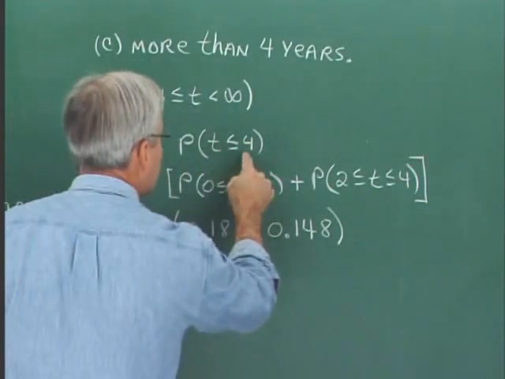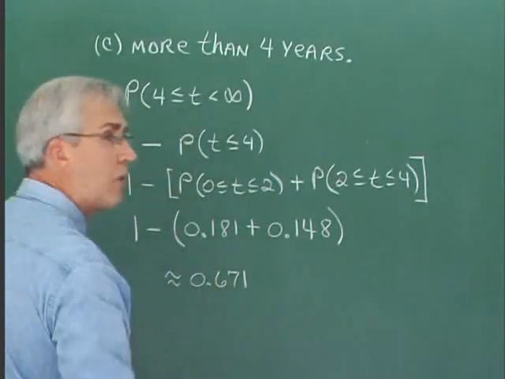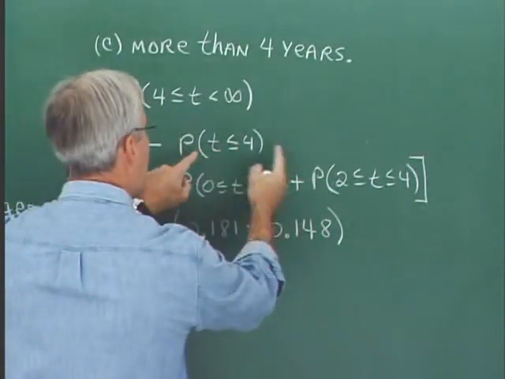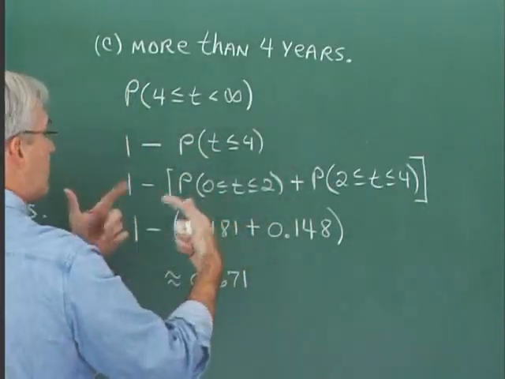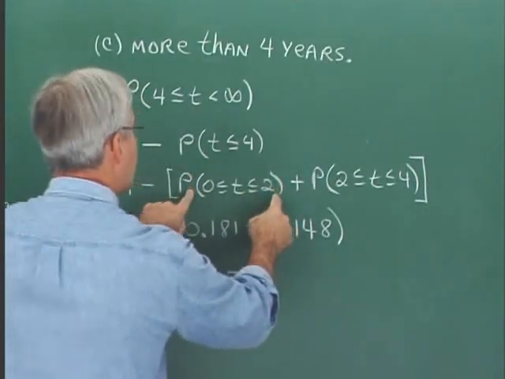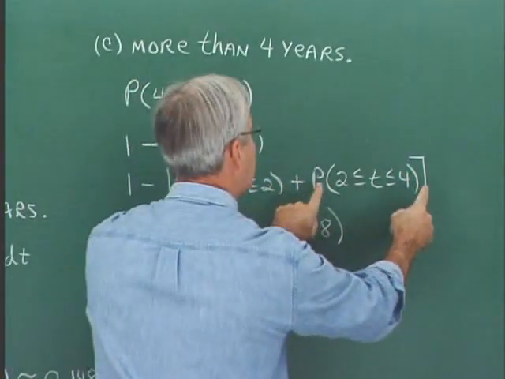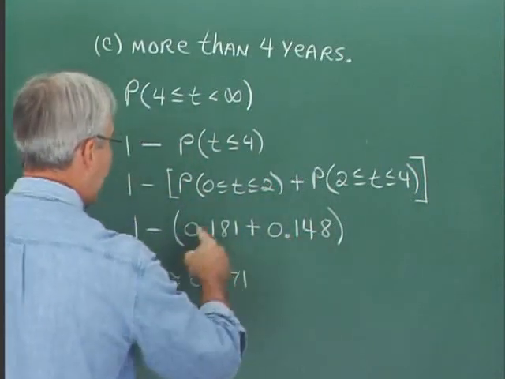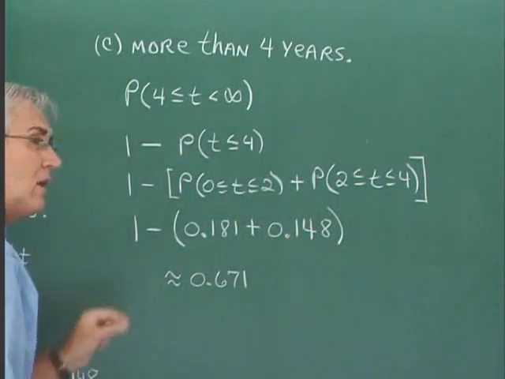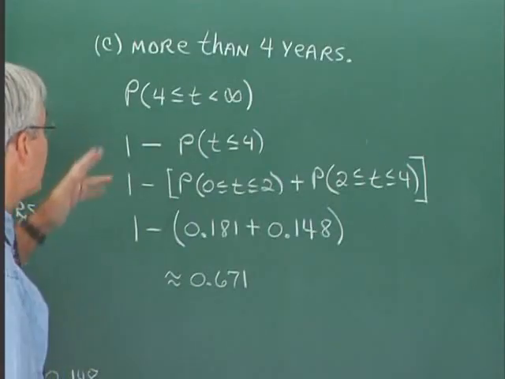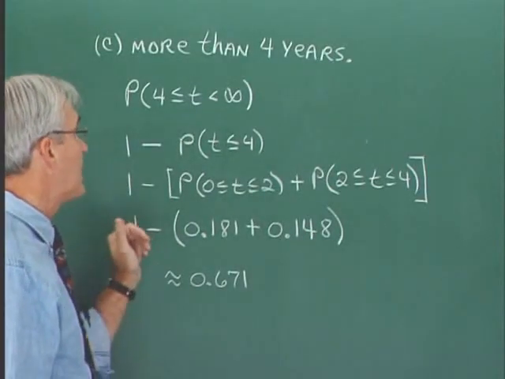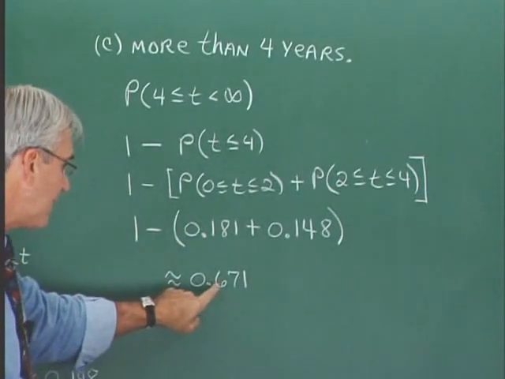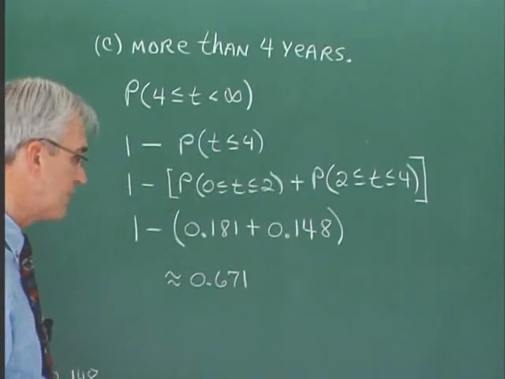Now, t is less than or equal to 4. Gee, there were 2 probabilities associated with this entire interval from 0 to 4. It was the probability that t is between 0 and 2, along with the probability that t is between 2 and 4. And those probabilities were these. Adding them together, subtracting from 1, we find the probability that a randomly selected unit will last more than 4 years to be 0.671, or a little over 67%.